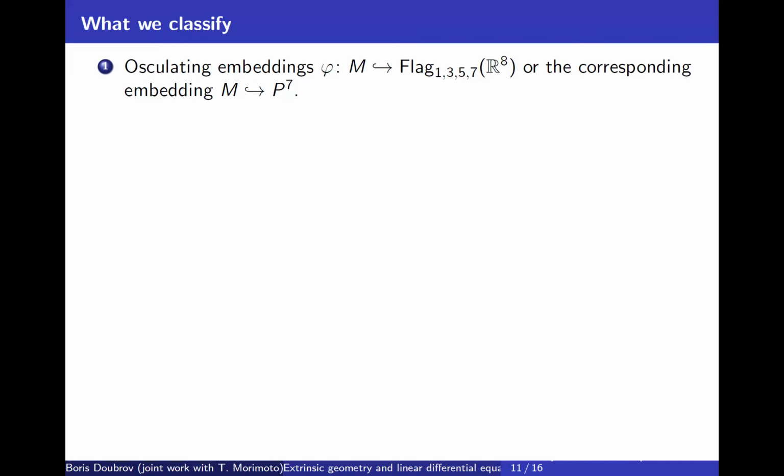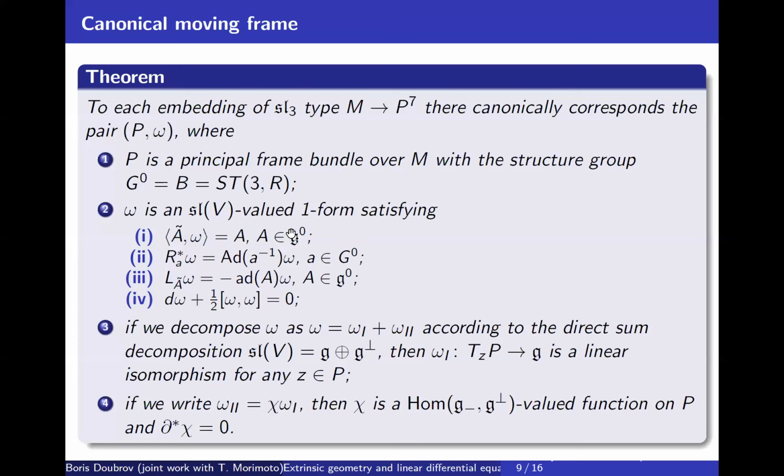I see the question. What is A-tilde in the first theorem? I have to go back. Probably this one. Yes, so P is a principal frame bundle over M. This is the reduction of what we normally call the moving frame.